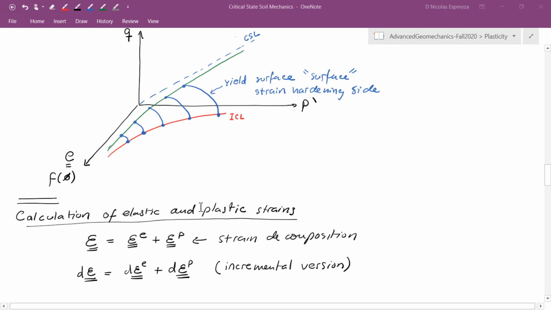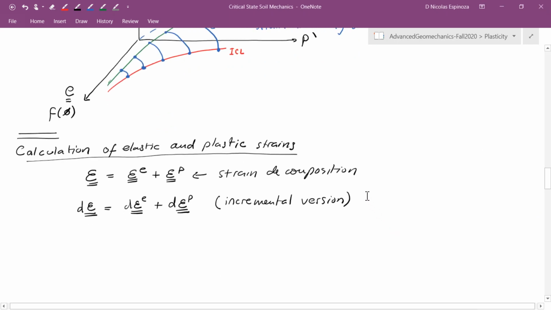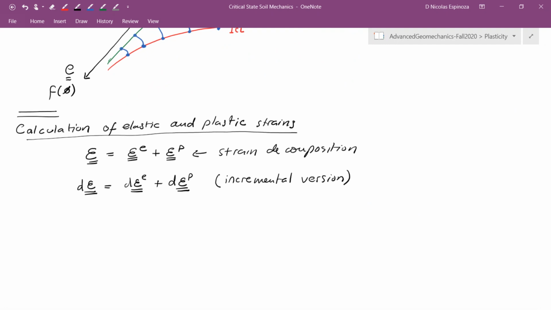And here's my mouse. Let me tell you what we're going to do. Basically, our objective is going to be to find out what are the proportionality coefficients that tell me what is the strain that I should get as a function of a change or an incremental change of stress.